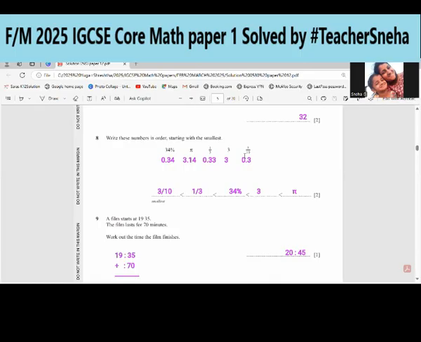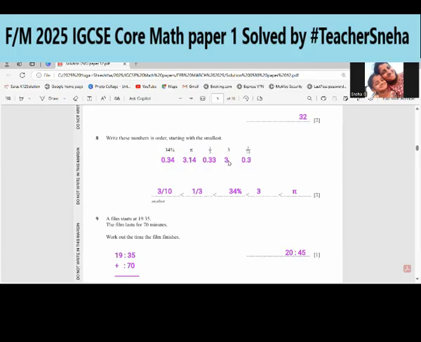I will convert first all of these numbers into decimals so that it becomes easy for us to understand their size. So 34% is 34 upon 100 and that will be 0.34. Pi value rounded off to 2 decimal place, we always write it as 3.14. 1 upon 3 converted to decimal will be 0.33.